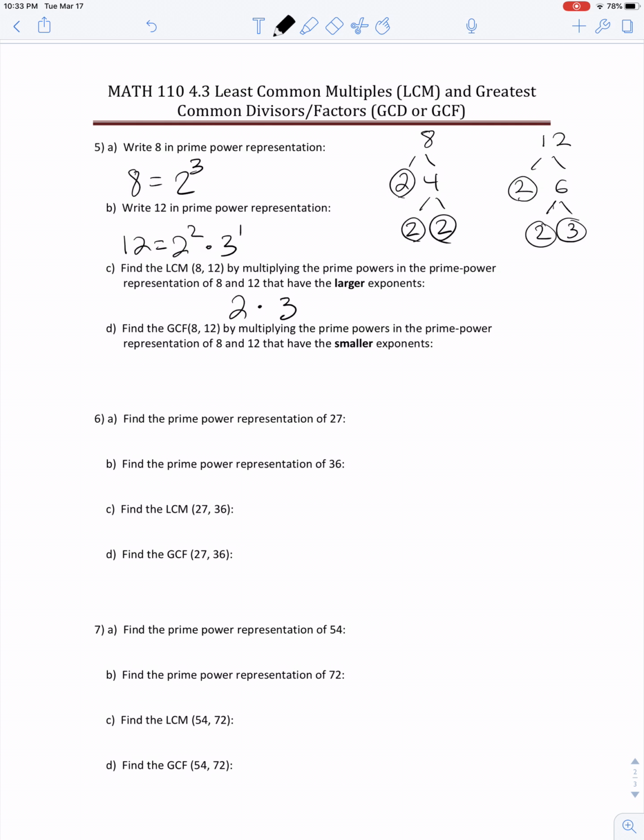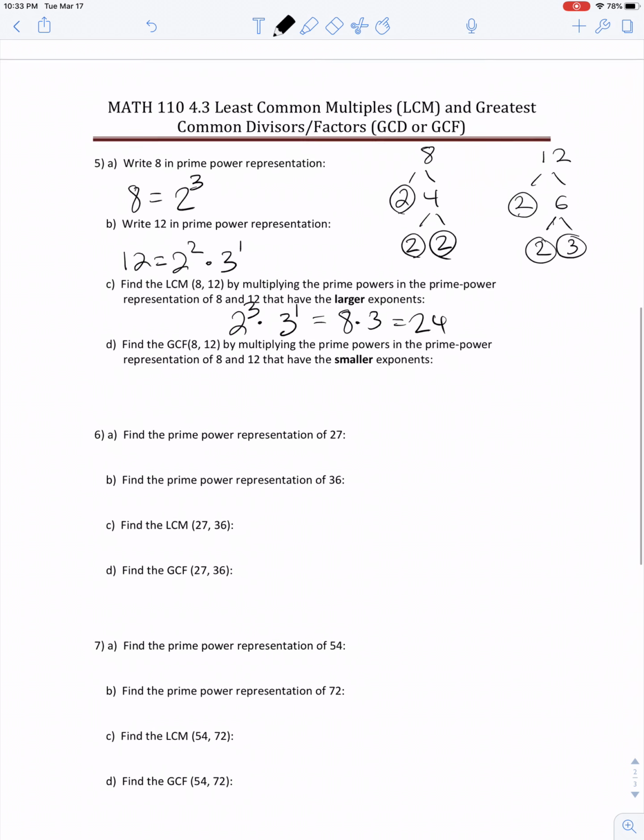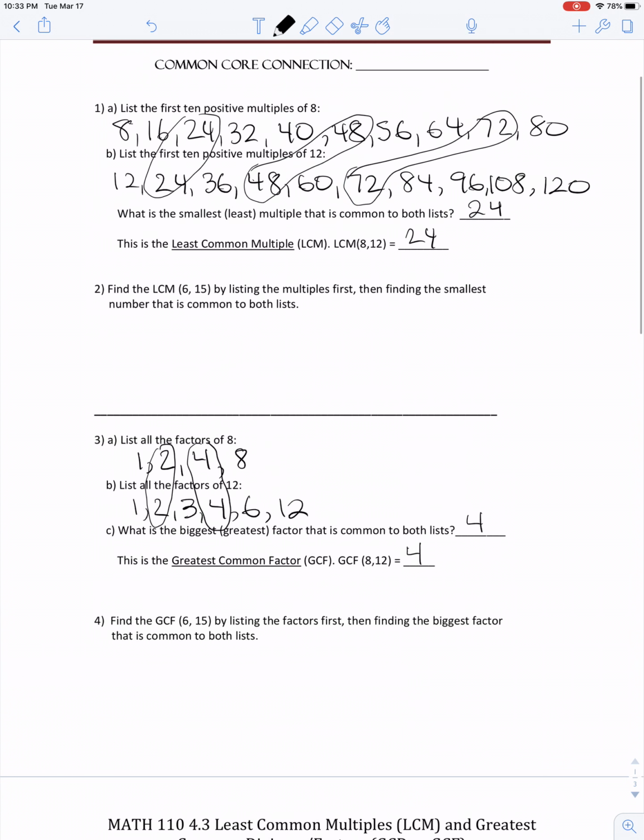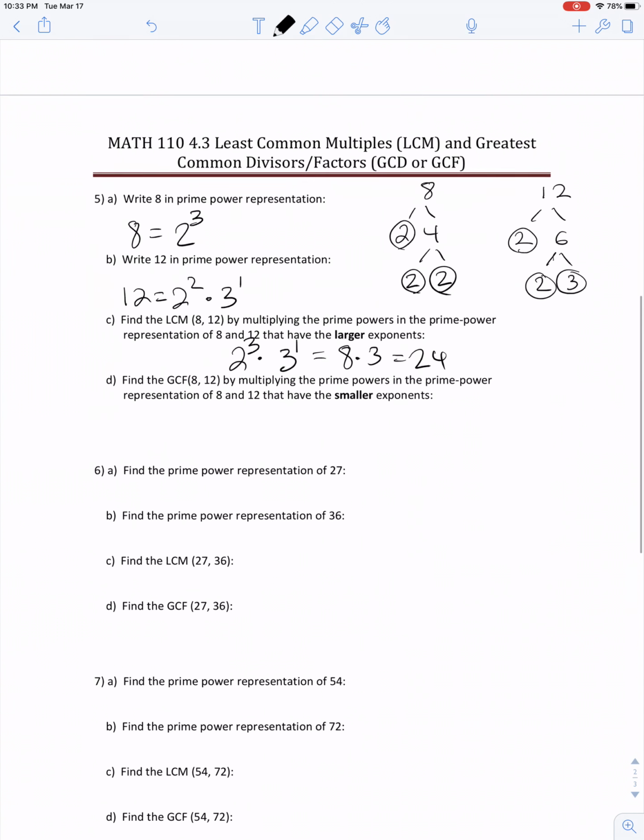For 2, I've got a squared and a cubed, so the cubed is bigger, so I'm going to raise this to the third. And the 3, there's only one of them anyway, so our exponent is 1. Now multiplying these two together, 2 to the third is 8, times 3 gives us 24, which matches what we found above, so that's good.